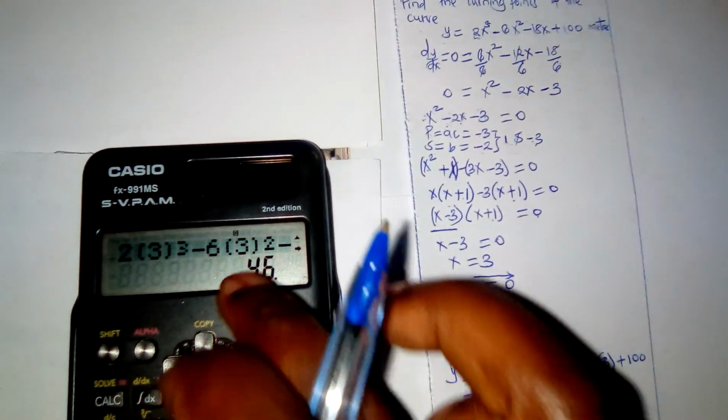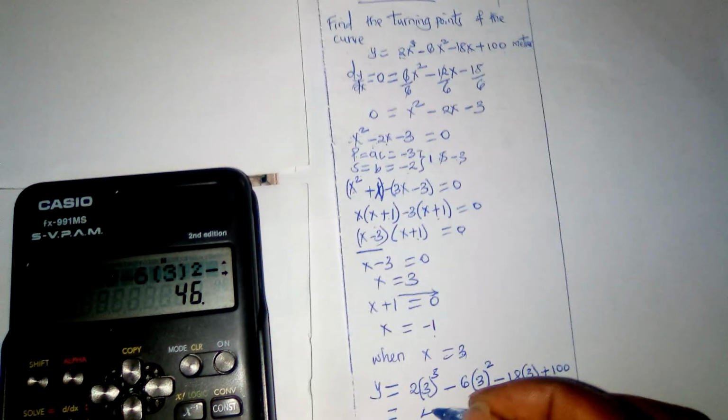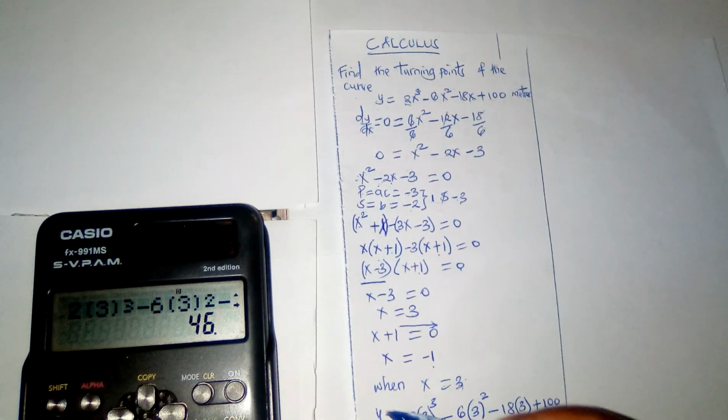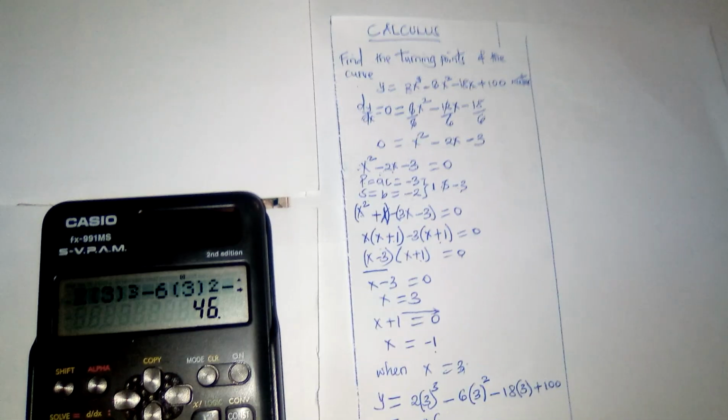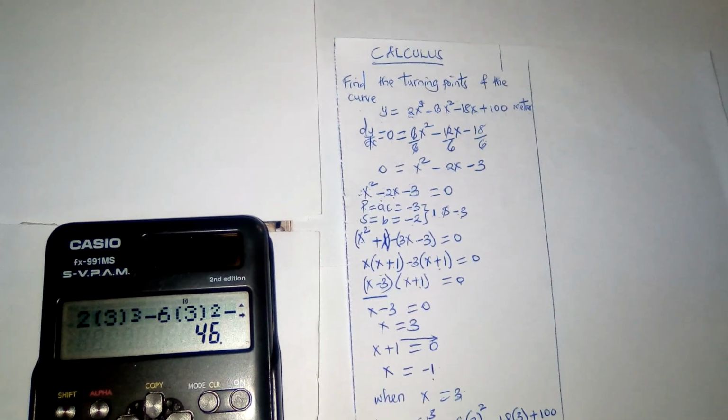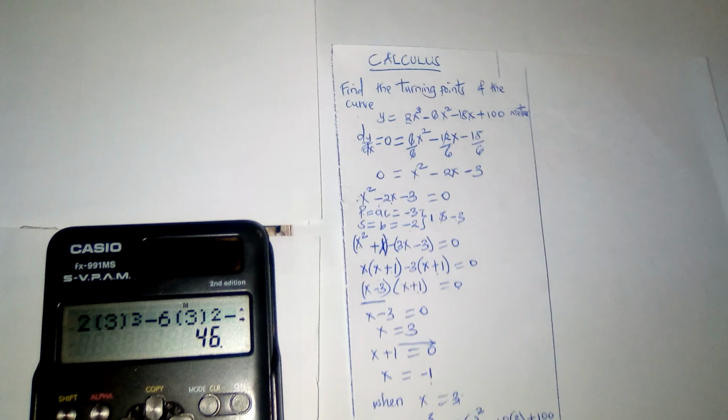Then the answer shall be displayed on the screen, that is 46. And therefore when x is 3, my value of y shall be 46. To write the point, it will be x, which is 3, then y, which is 46. So that is the first turning point.